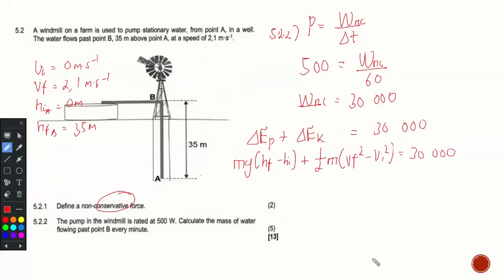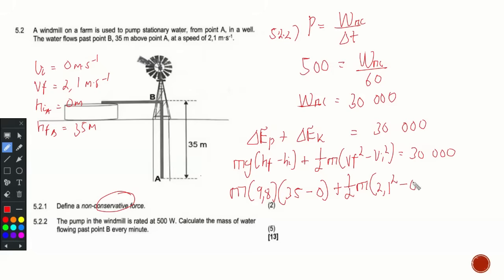So what is our mass? Our mass is the one that we are looking for. And then here we have 9.8. And then height finally, 35 minus height initially, which is 0. And then plus half m again. V finally is 2.1.